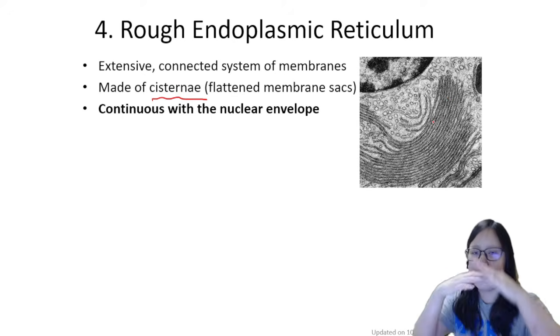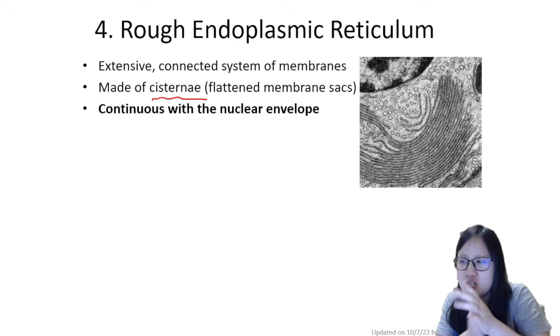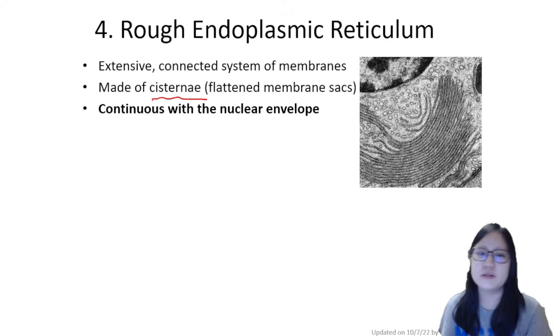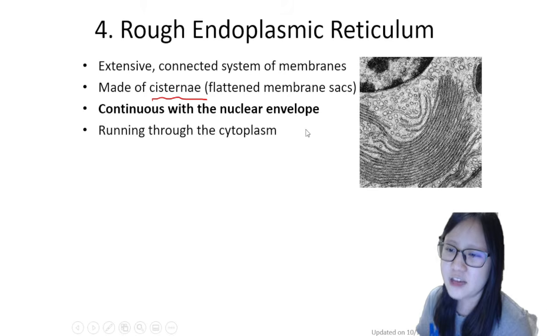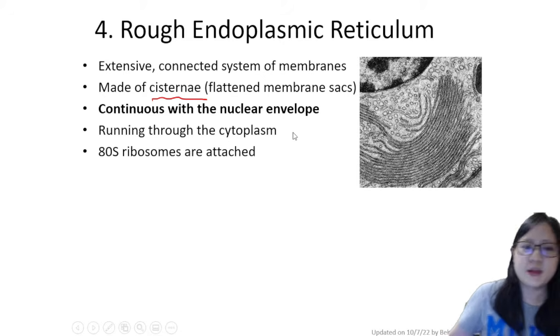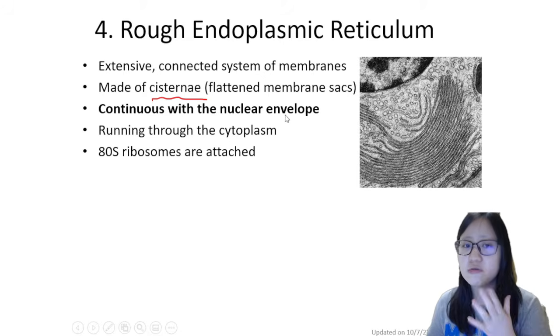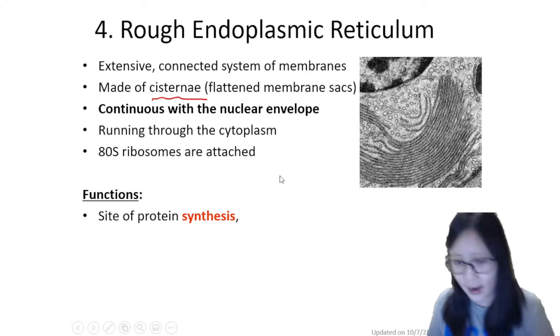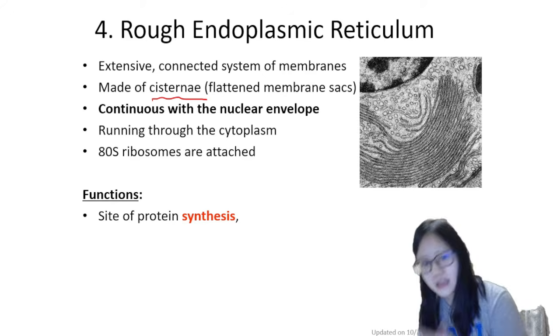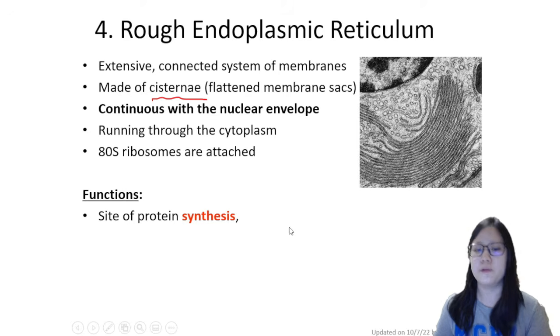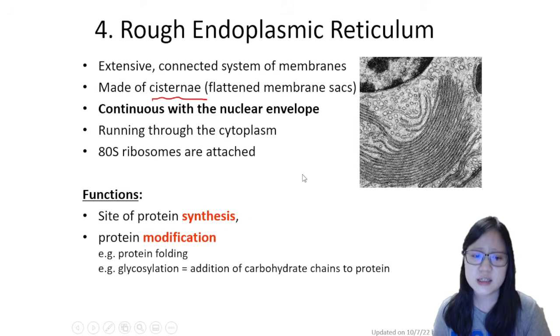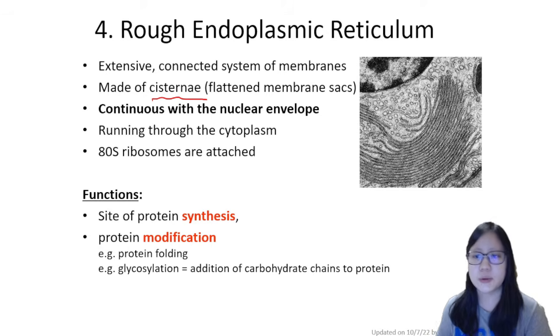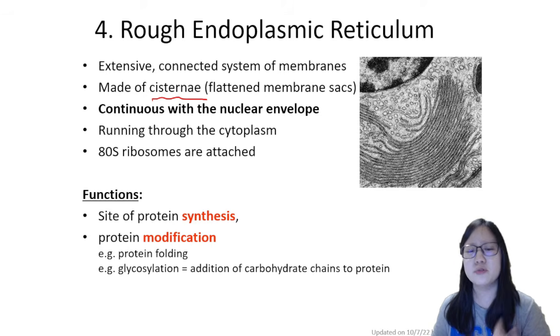It's like membrane squish, like long, then they became longer. Anyways, it runs through the cytoplasm, and it has a rough appearance because there are 80S ribosomes attached. So clearly, its function mainly is protein synthesis, but the rough endoplasmic reticulum can also help in protein modification to some extent.